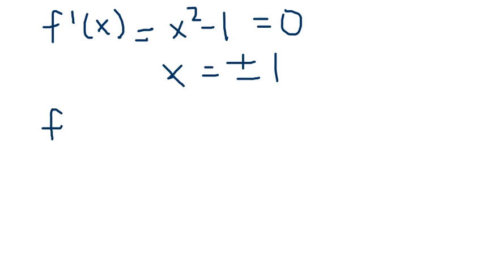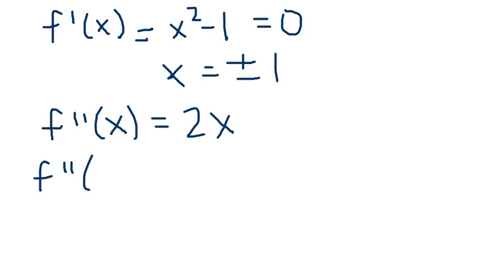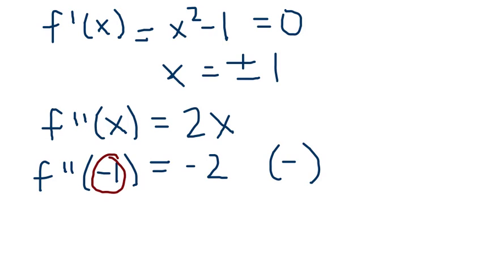If we substitute those numbers into the second derivative, f double prime of negative 1 gives me negative 2. So since this is a negative value, I know for a fact that at negative 1, I have a max.